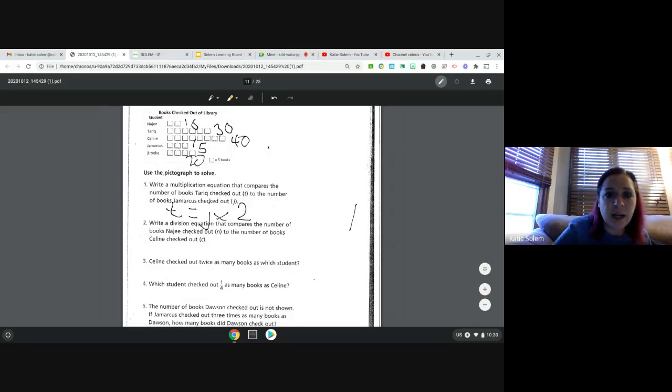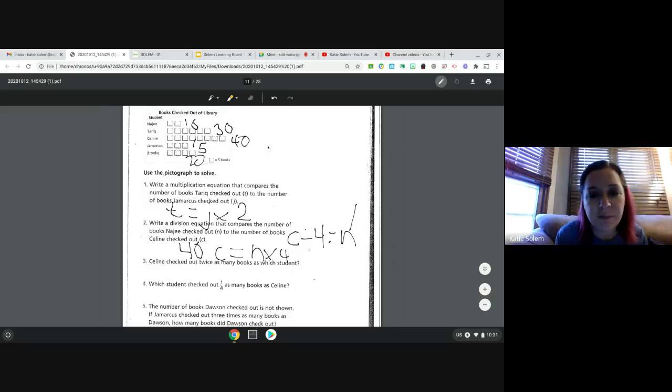Well, I know that if we're writing a division, we need Celine's 40 over here, or C, equals Najee's 10 times what? Times 4. So if we're going to write that as a division sentence, we need to reverse it. So we need to say Celine divided by 4 will equal Najee.